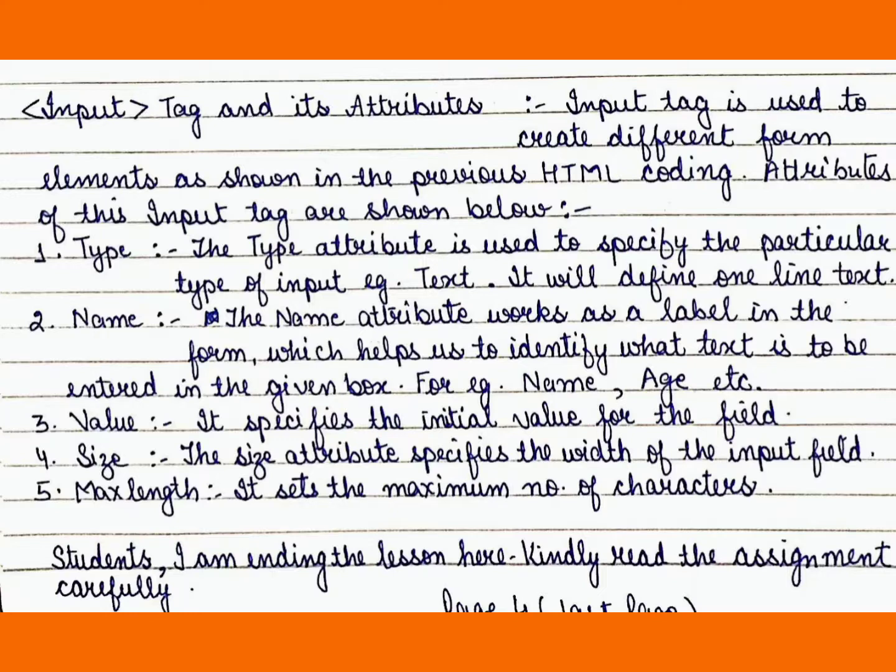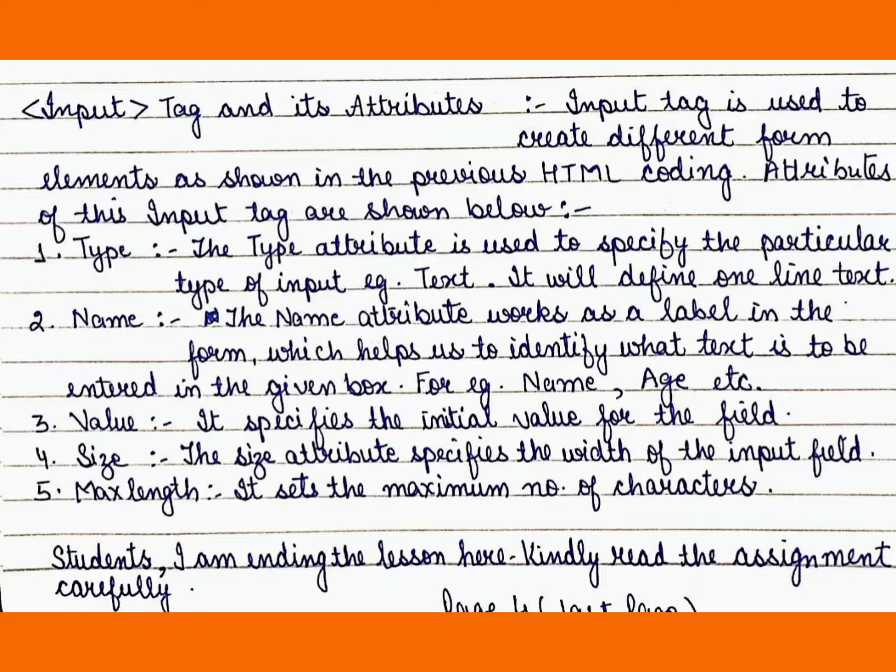Number 2, name. The name attribute works as a label in the form, which helps us to identify what text is to be entered in the given box. For example, name, age, etc. Number 3, value.